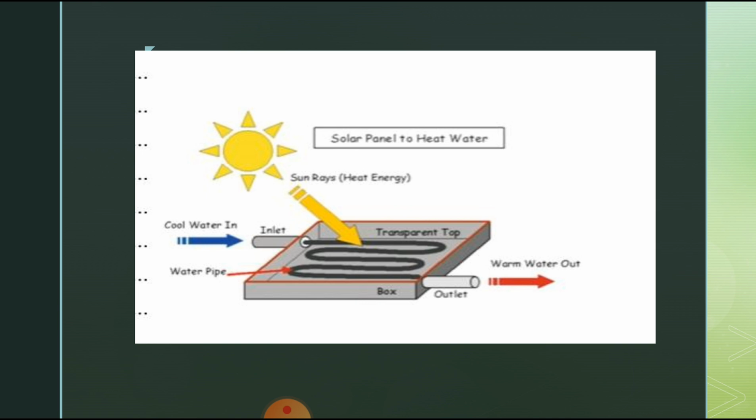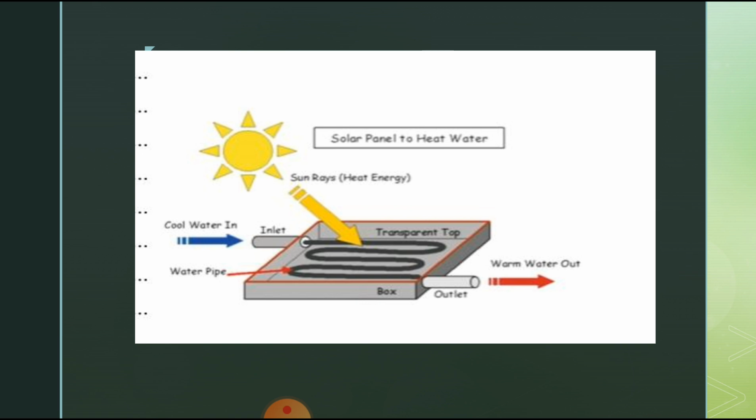See, cool water enters the hot water cylinder from the mains. From the mains it comes inside a closed loop.